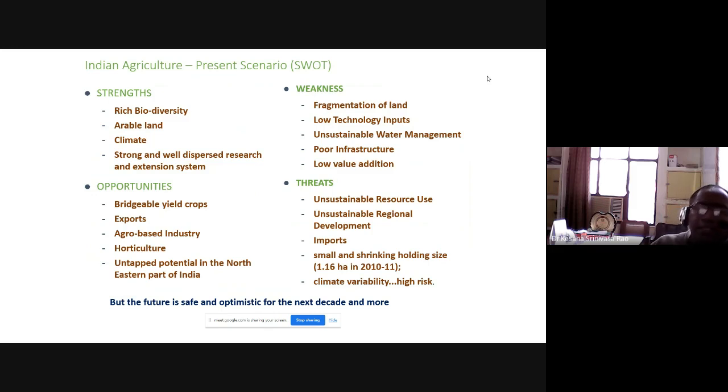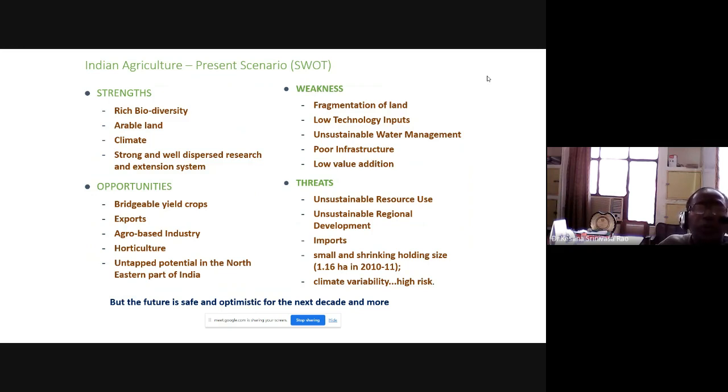Not only Indian agriculture, anywhere the agriculture conditions will be influenced by the climatic conditions apart from other factors. A strong and well dispersed research and extension system is already in place in India.